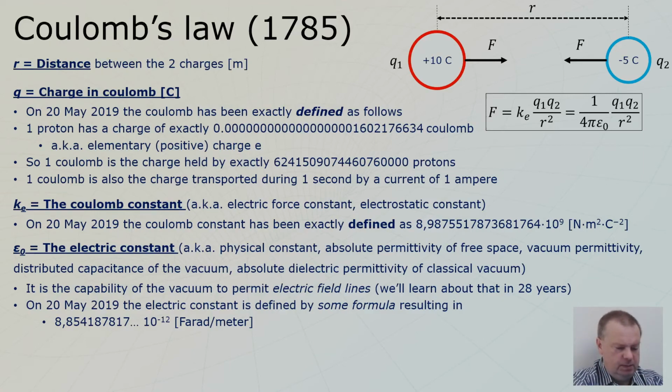So this is about constants, and sometimes these constants are revised. In this case, they have been exactly defined. Two of them, the first one, the charge and the Coulomb, and the electric constant is just a formula. These units of measurement are all part of what we call the International System, SI.